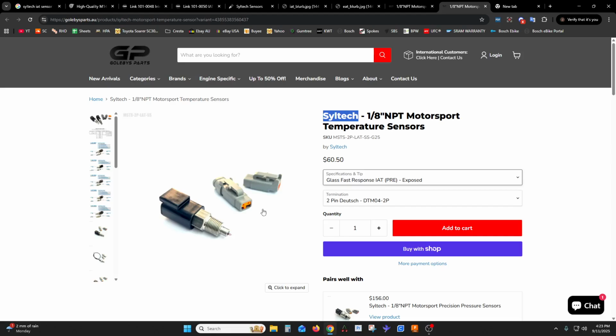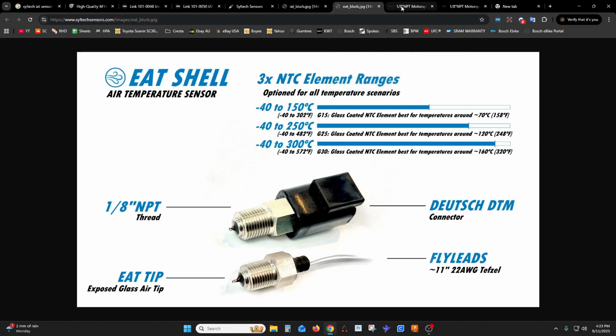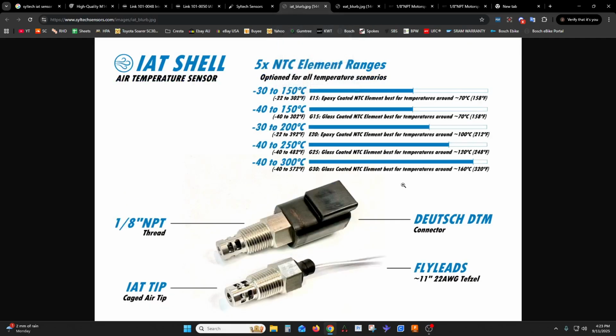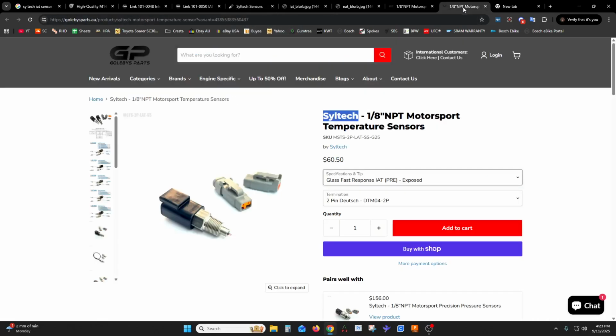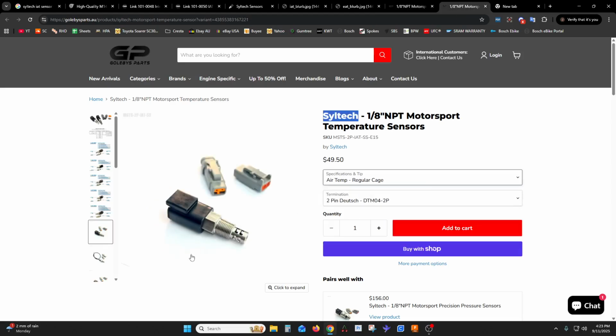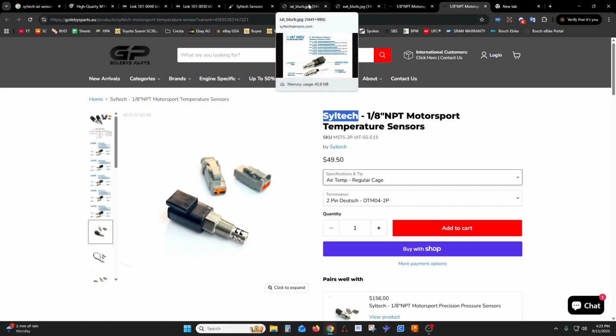Now, what I want to show you is the data sheets. This is the data sheet for the one we ended up with on the blue car.